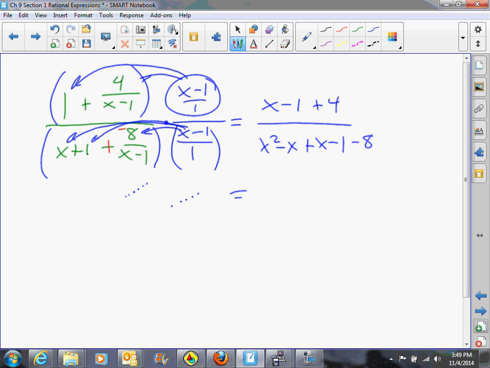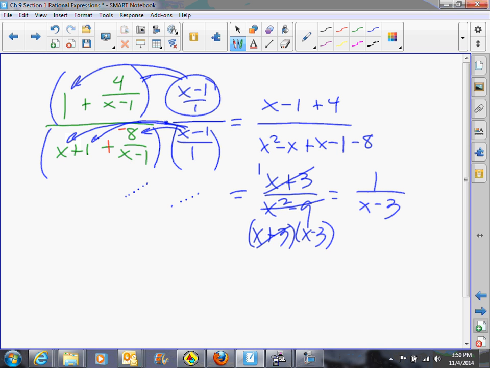Now let's do what we can. We have x plus 3 over x squared minus 9. Now we're not finished because x squared minus 9 factors into x plus 3 times x minus 3, and we can cancel out the x plus 3, leaving a 1 up here. So we get 1 over x minus 3 for our final answer.